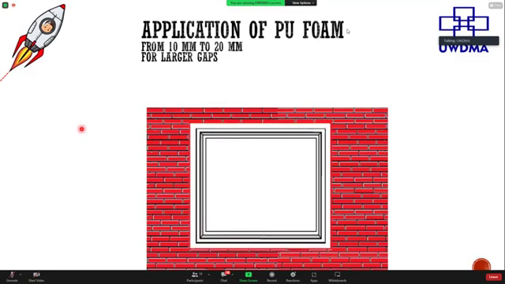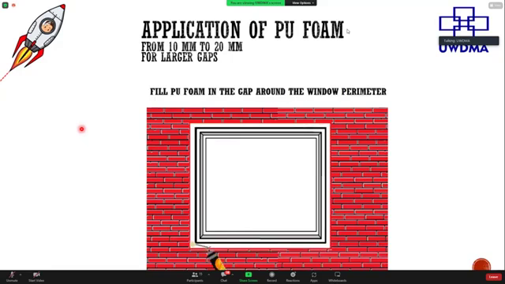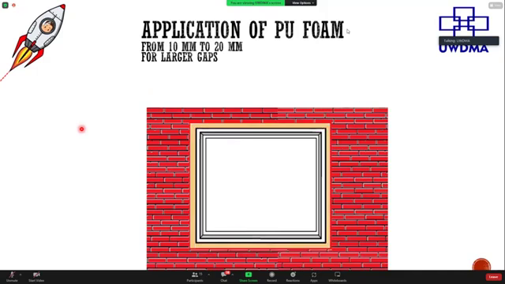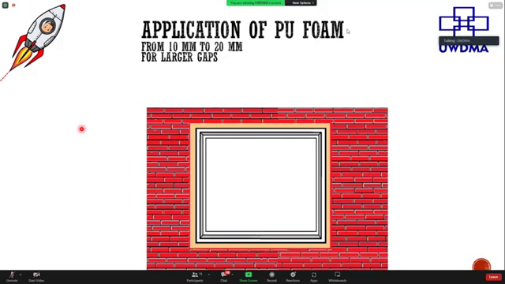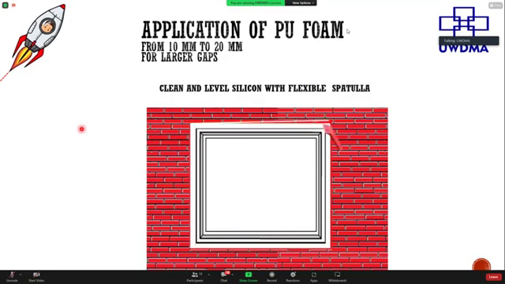When you are spraying it, it looks like foam, but within a few seconds, it takes a solid form. Then you have to cut it and make it uniform around your window, and then you can use your silicone. This is the case when your peripheral gap is huge, more than 10 mm.